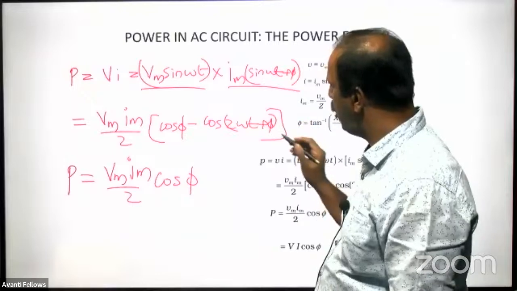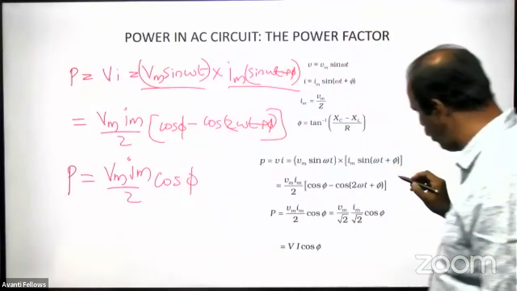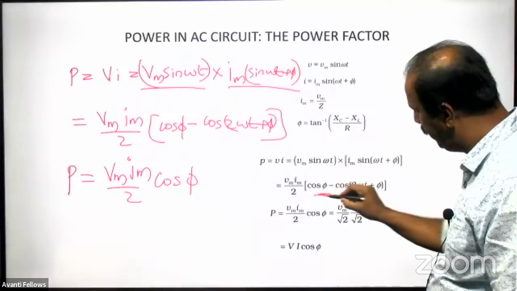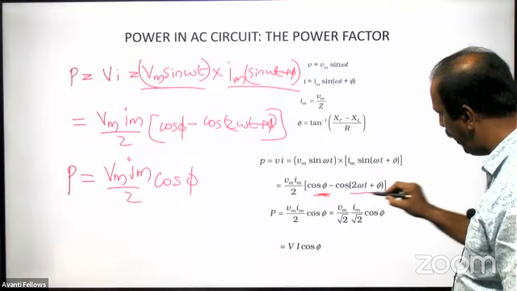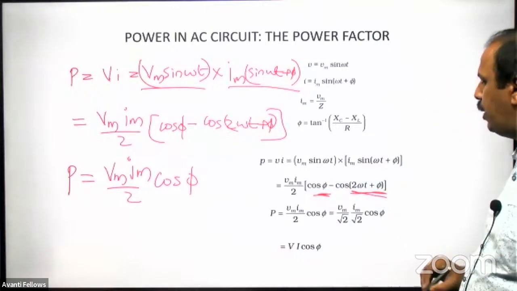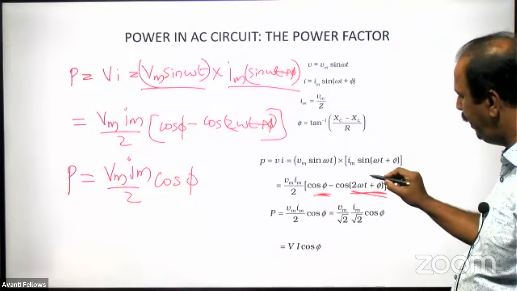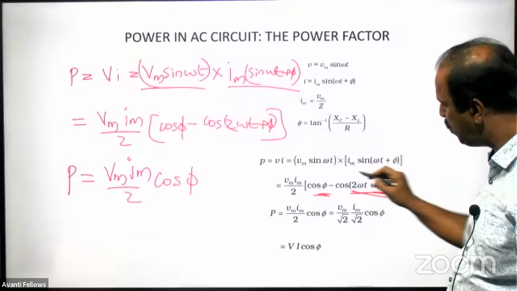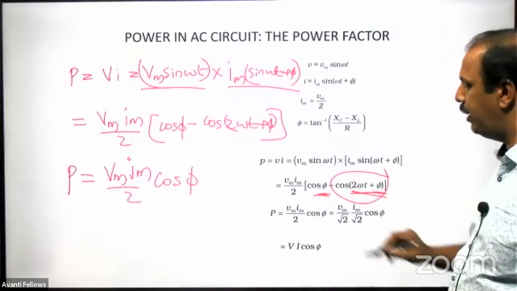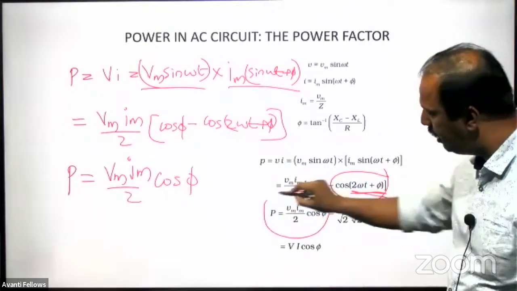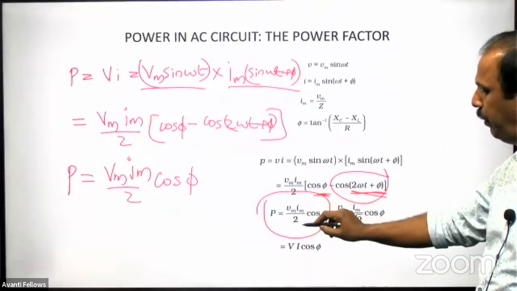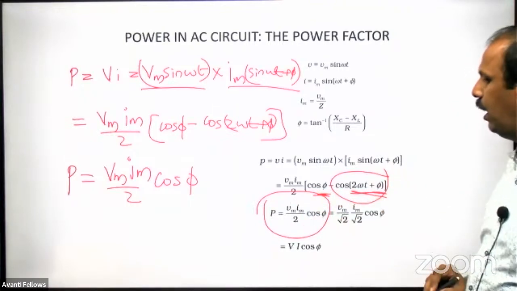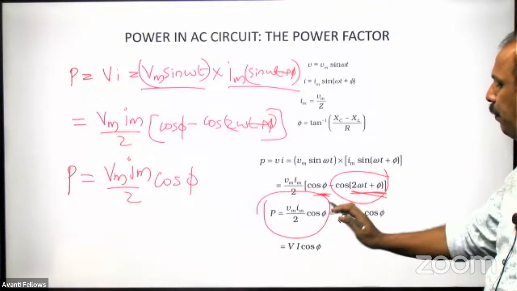You closely observe this: one is cos phi, and the other is cos (2 omega t plus phi). When you take the average value, t changes with time, so the average value of this part will become 0, but this part will remain. That's why we are taking only this much. So P is equal to Vm into Im divided by 2 cos phi. In this one, time is not coming, so this will remain as the power here.